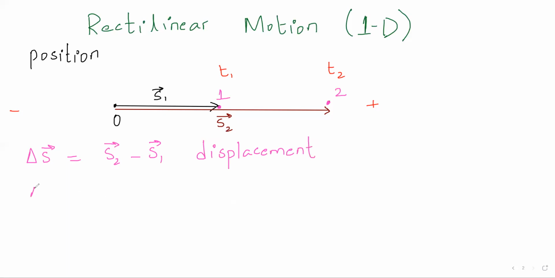And another thing is that this delta S magnitude, we call it distance, which is our magnitude. Okay, so far so good.